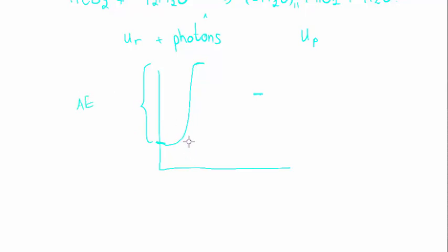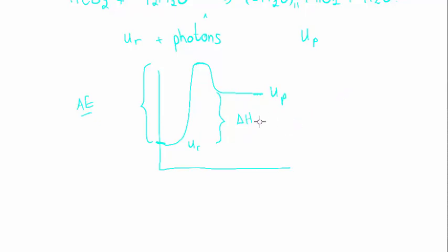This is the potential energy in the reactants. Okay. This is the potential energy in the products. The difference here is the activation energy, and the difference here between these two, what is that again? The enthalpy. That's the enthalpy.